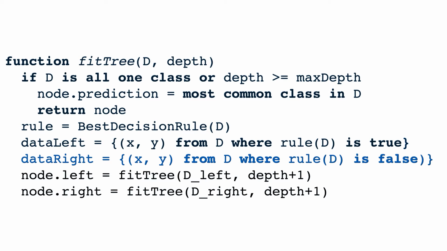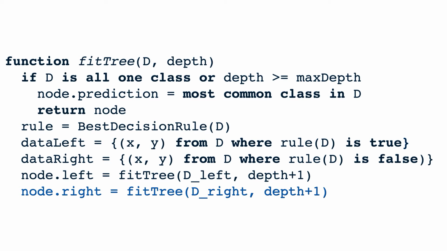Okay, so once we make that data split, we then recurse and compute the left node by running this same function, fit tree, on the left data set with the depth increased by 1. Similarly, we run the same procedure on the right data set with the depth increased by 1.